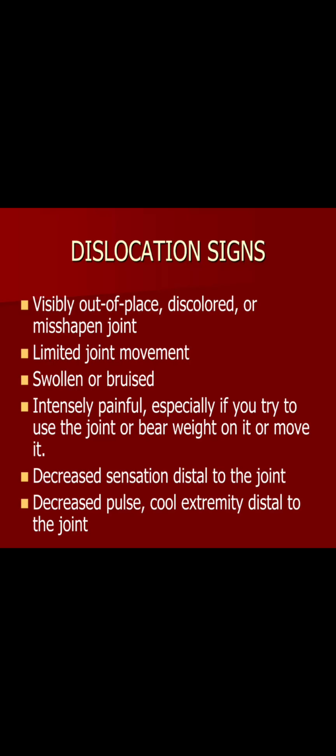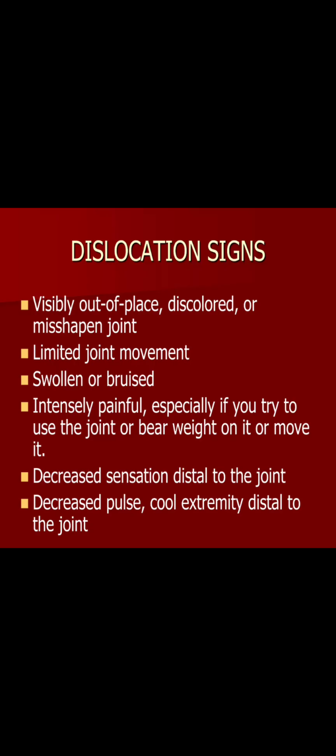The joint movement is limited. There is a bruised or swollen area. The pain intensity is very high. The patient complains that it is very painful to bear any weight or move it. There is also a loss of sensation distal to the joint, and the extremity distal to the joint is pulseless and cool.